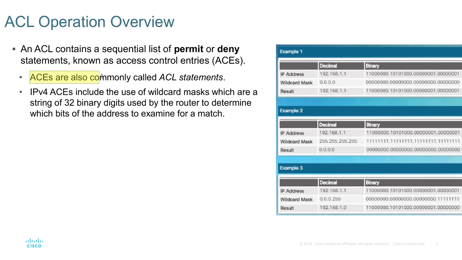ACEs may sometimes be called access control statements, and in a typical IPv4 ACE, we would use the concept of wildcard masks. We have looked at wildcard masks previously as well. They are not the inverse, but slightly different from, and somewhat similar to, subnet masks. That is something we have discussed previously. So ACEs may also use wildcard masks.